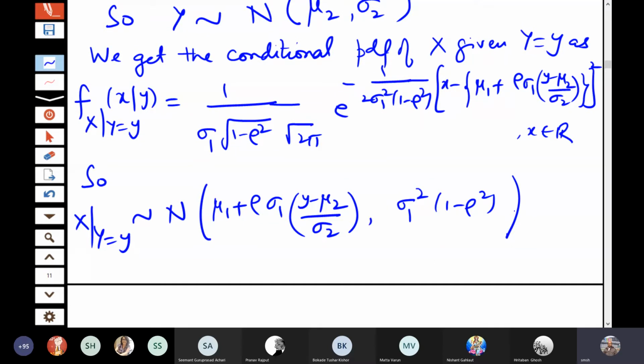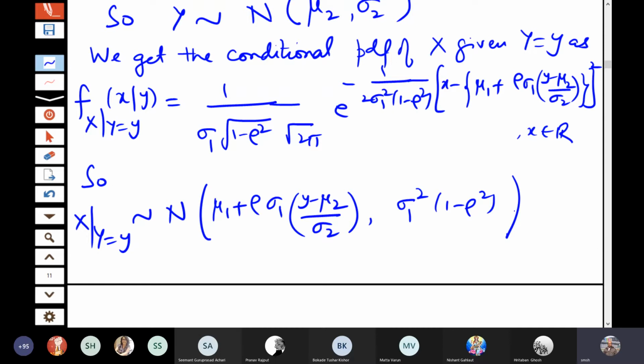joint bivariate normal distribution. You can also look at the converse. If the distribution of X is univariate normal and the conditional distribution of Y given X is univariate normal, then if you combine the two, you will get the joint distribution as bivariate normal.